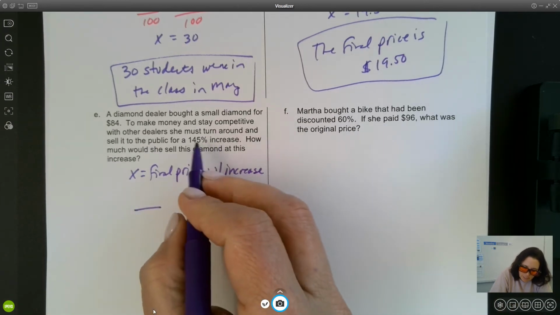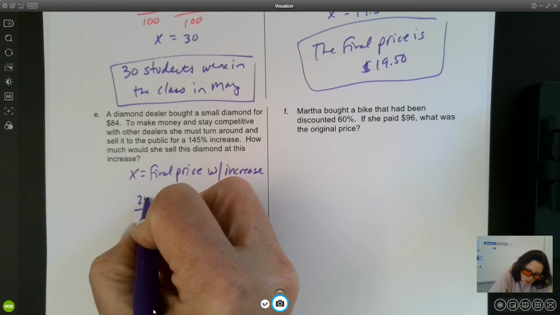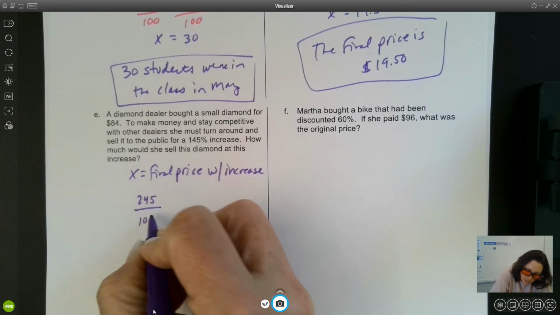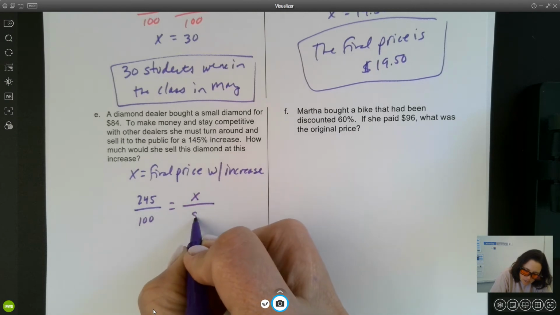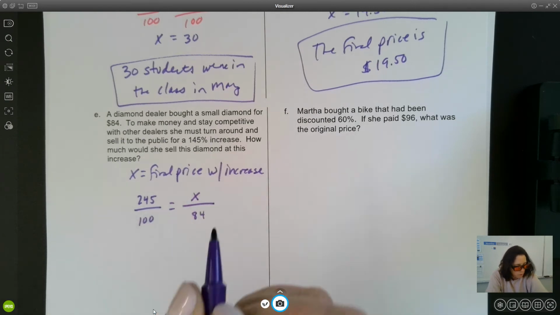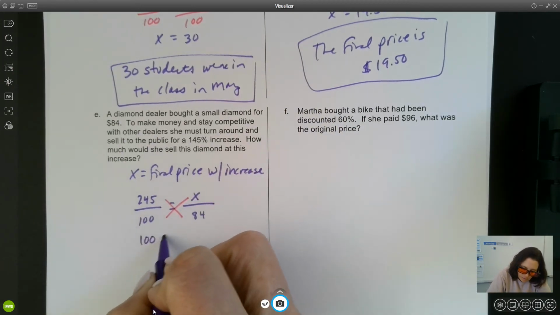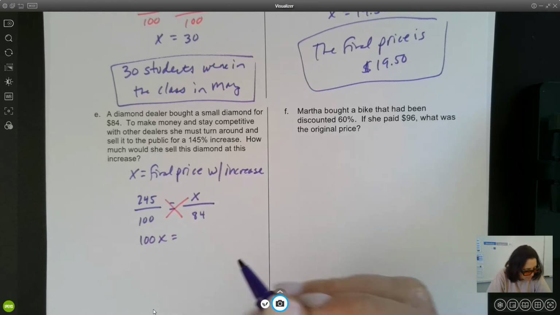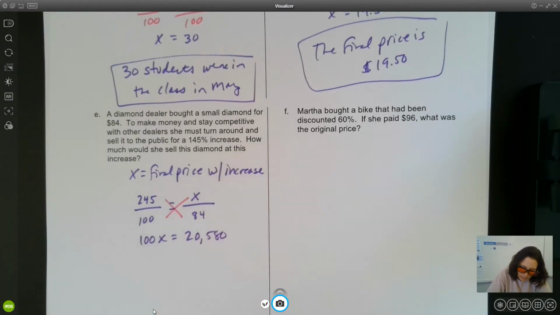All right, if we're increasing, we're going to add 145 to 100, so that's 245. We're looking for the final price with the increase, and the 84 is the original with the 100 down on the bottom. So that's 100x equals 245 times 84, which is 20,580.